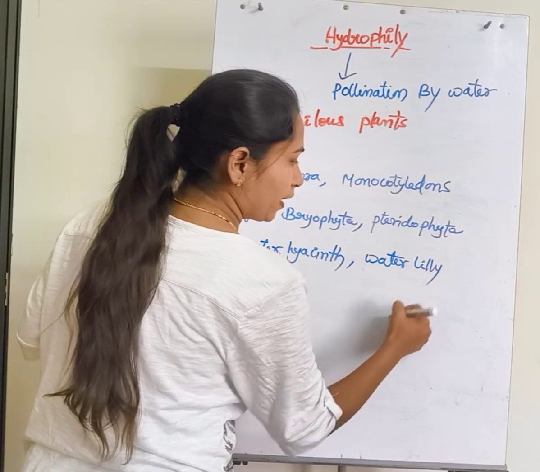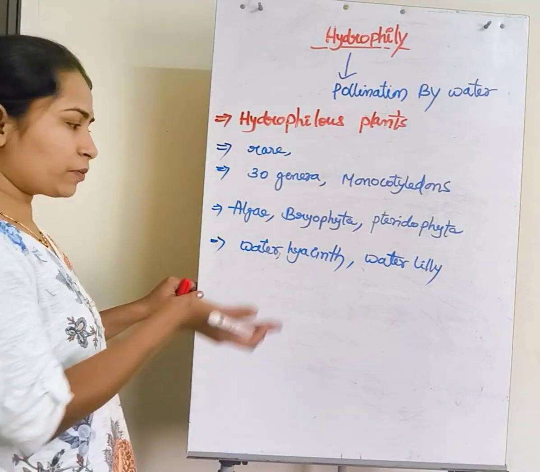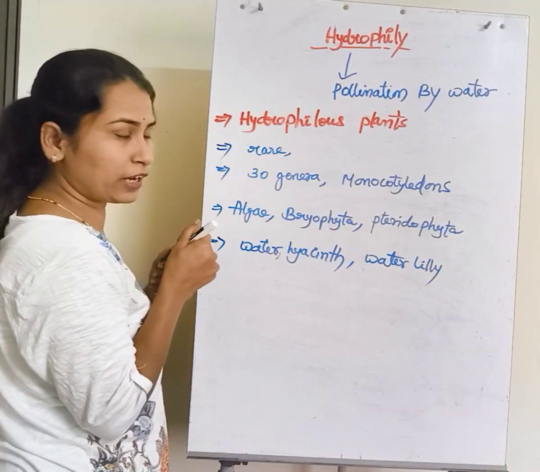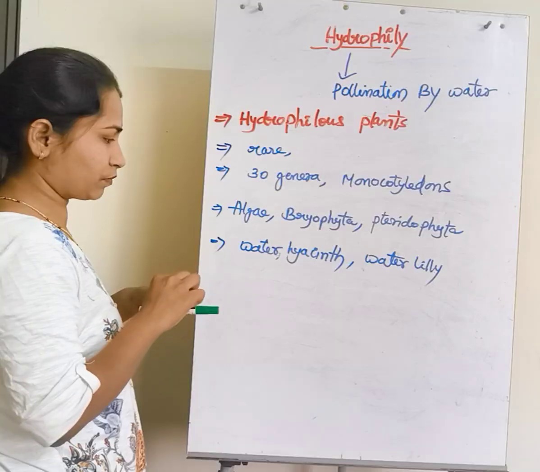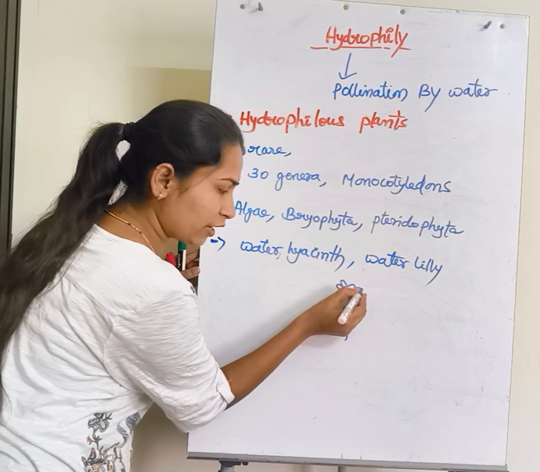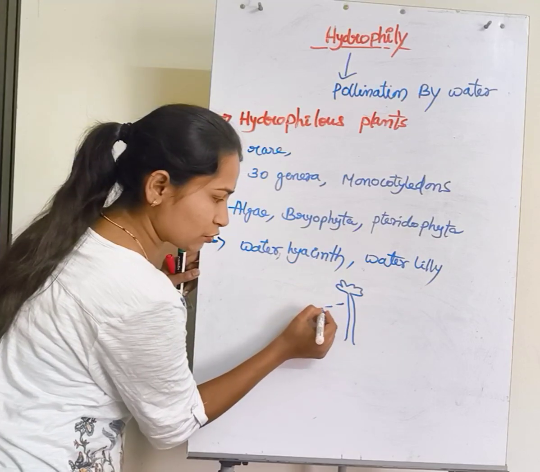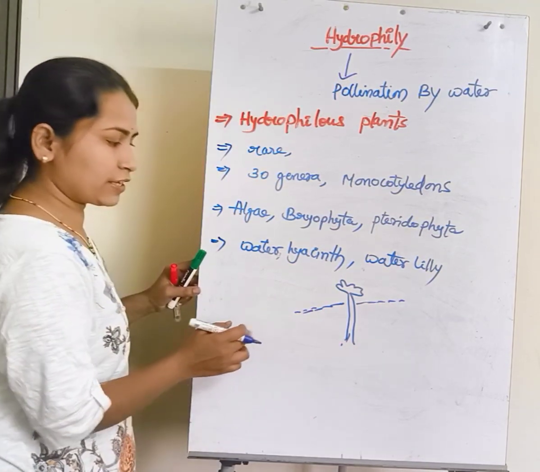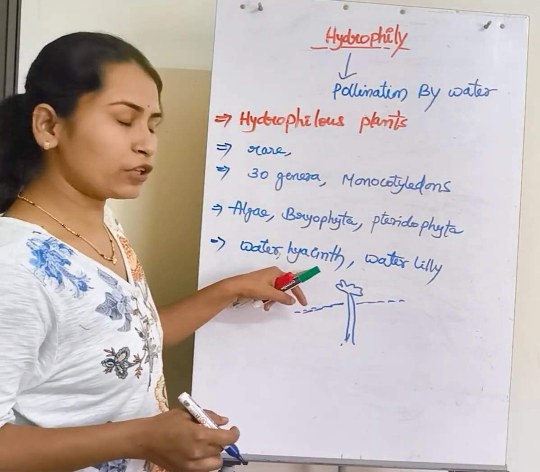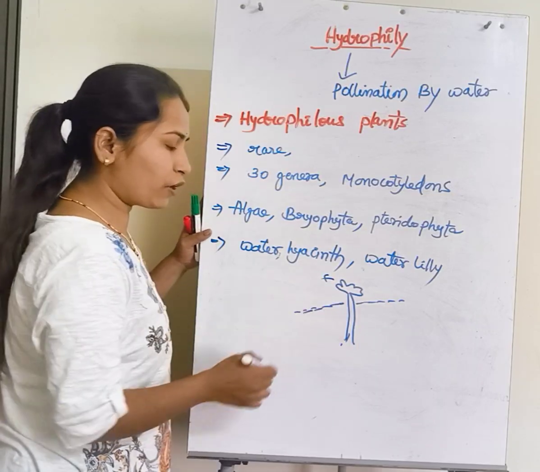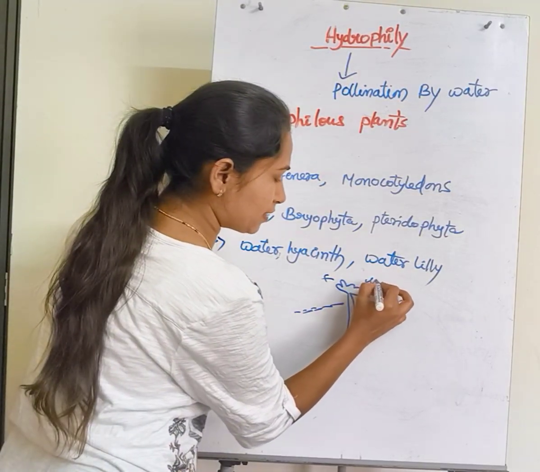In these plants, the flower will emerge above the level of water, and here these are pollinated by insects.